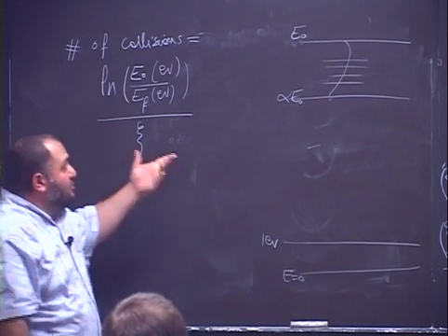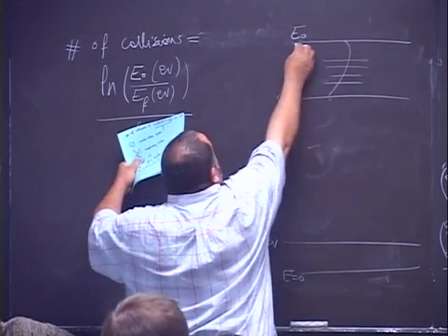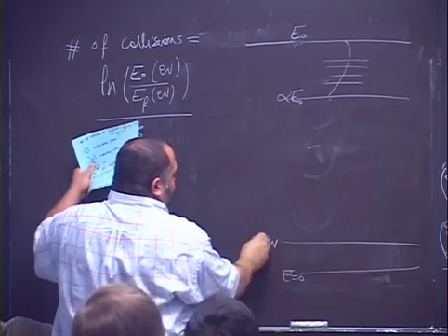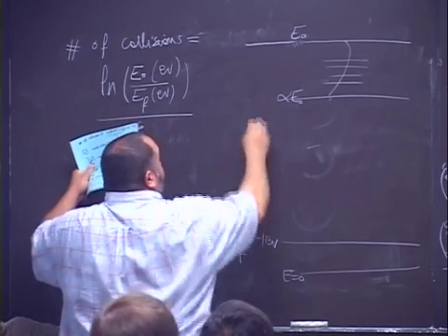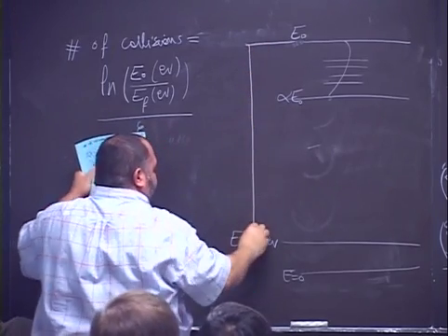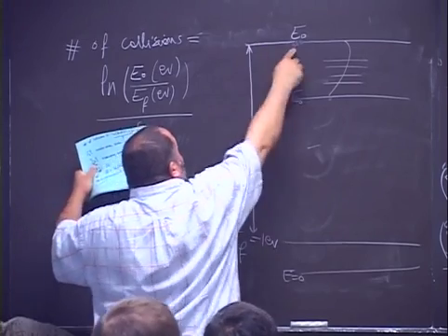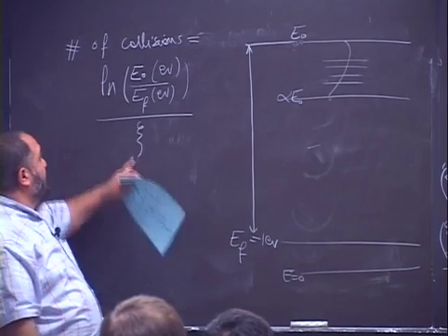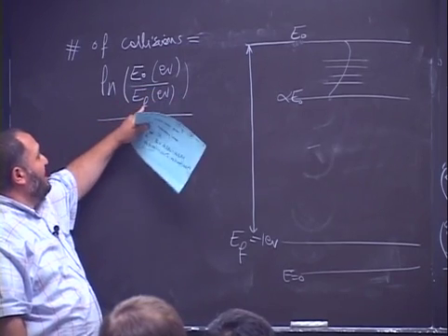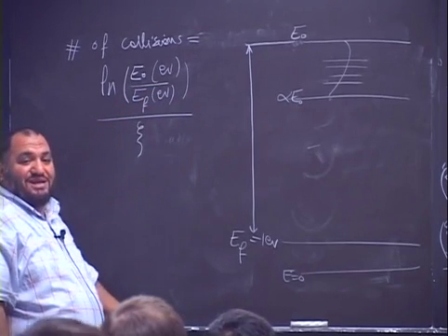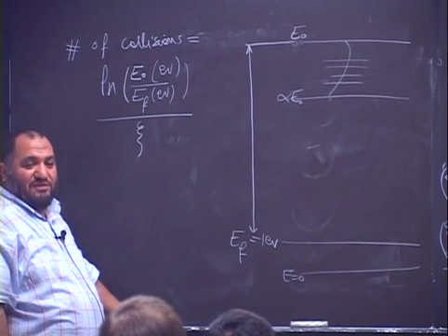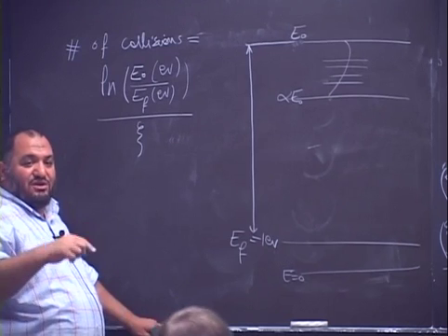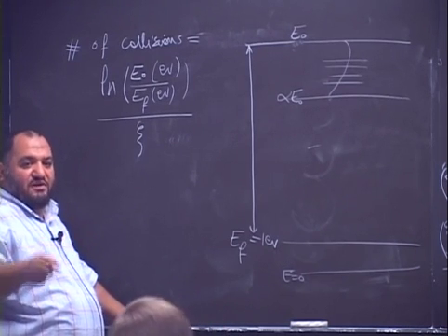So let's assume I want to calculate, this is the energy E naught, and let's say the final energy is here, E final. This is the difference between the initial energy and the final energy. So what's ln of E naught divided by E final? It's just ln E naught minus ln E final.